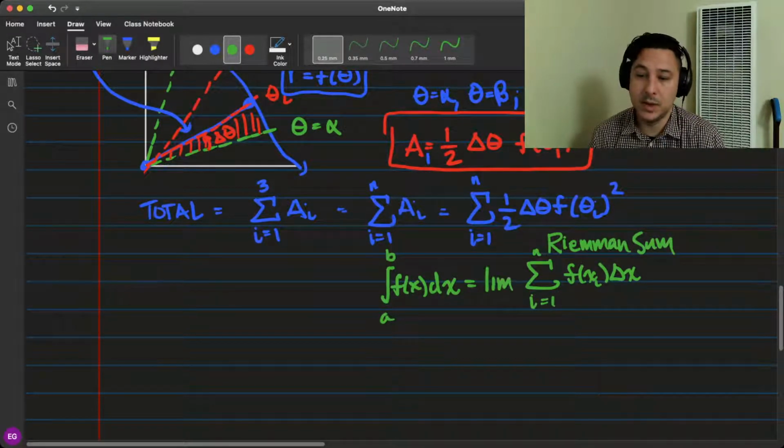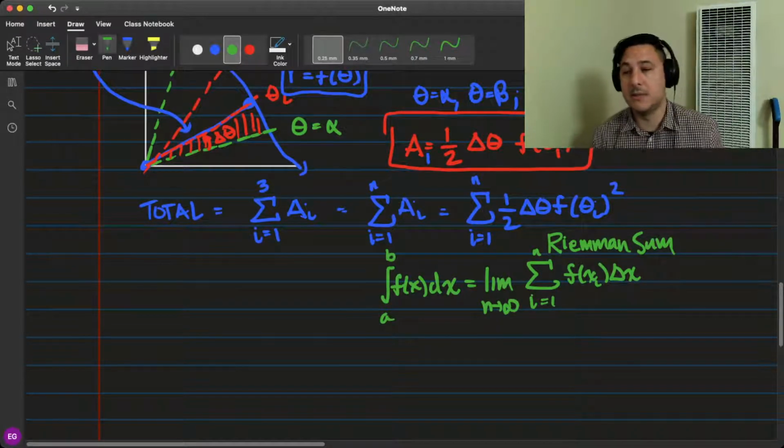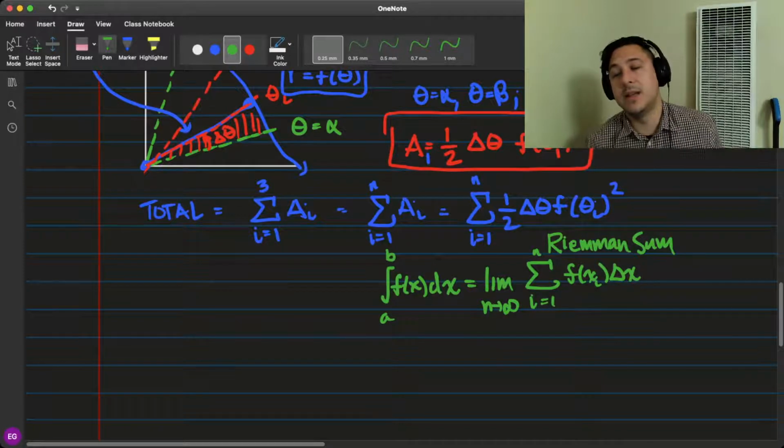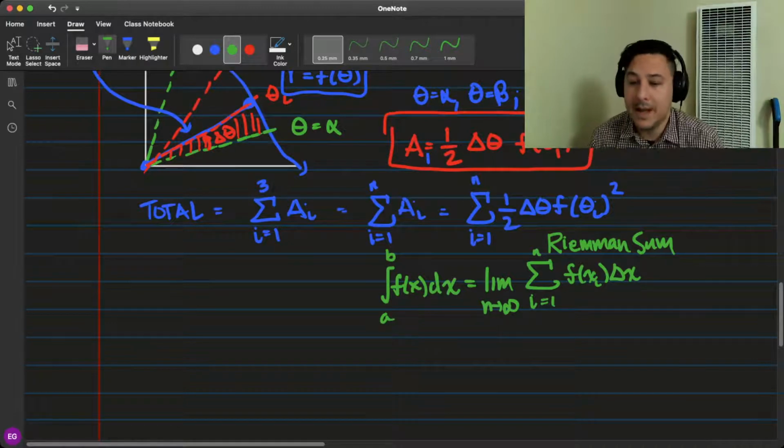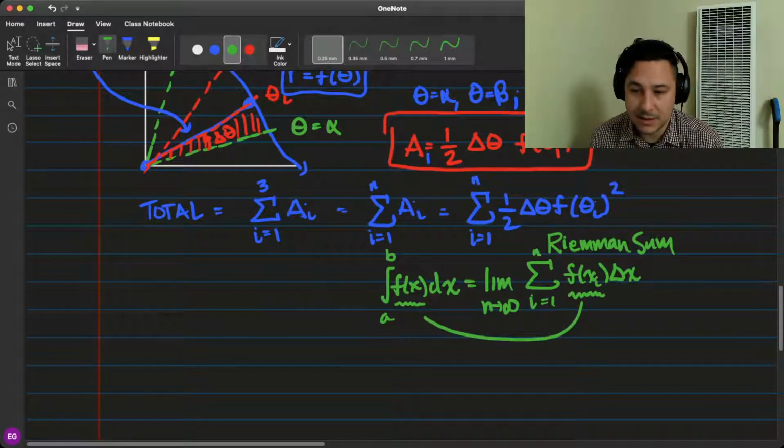Excellent. So what are we going to have to do to our new Riemann sum up here, the sigma of 1/2 delta theta f of theta_i squared? Now, notice something. Do you see how when you take the limit of the Riemann sum, that f of x ends up as f of x over here?